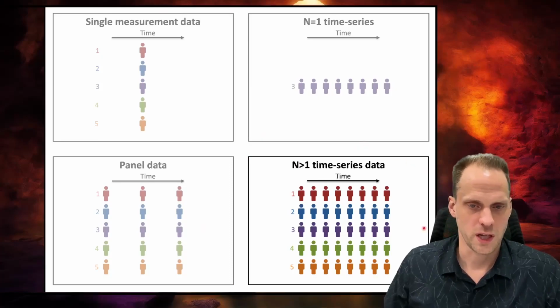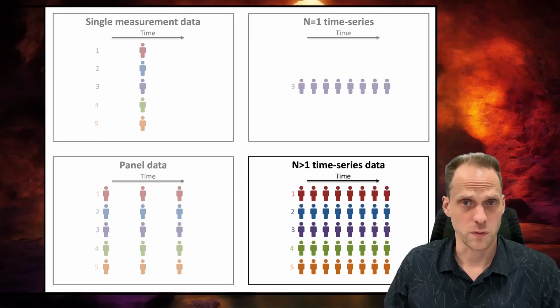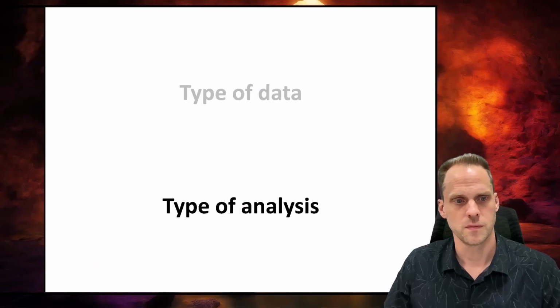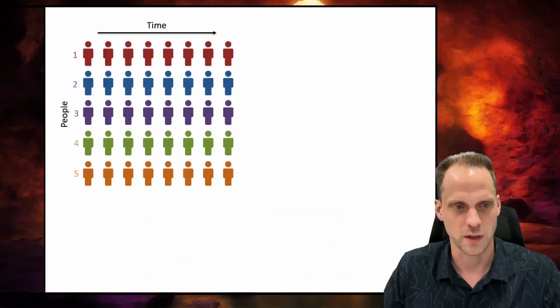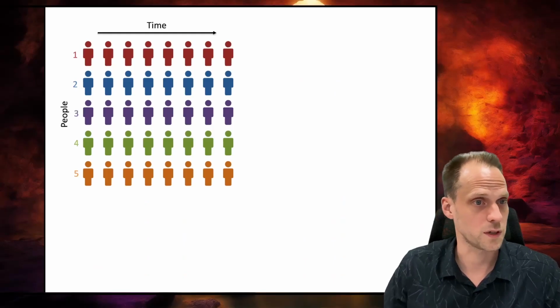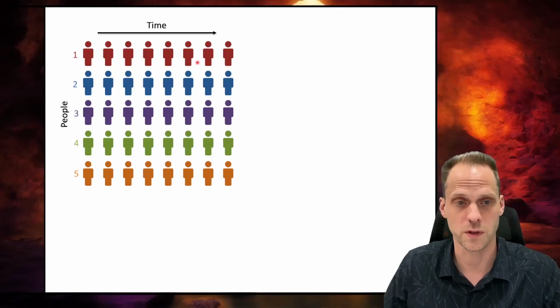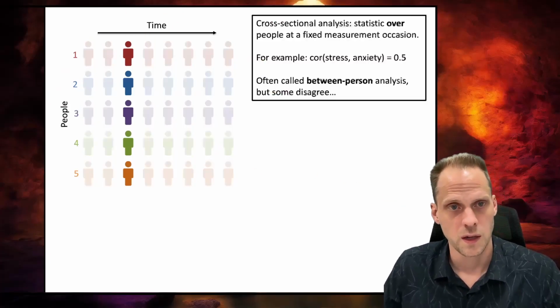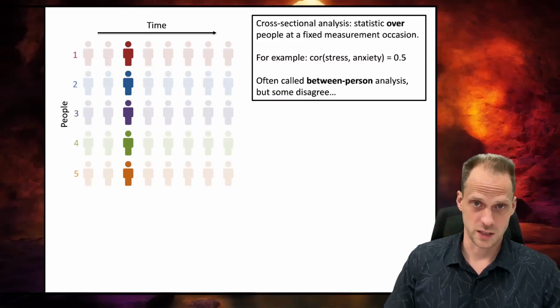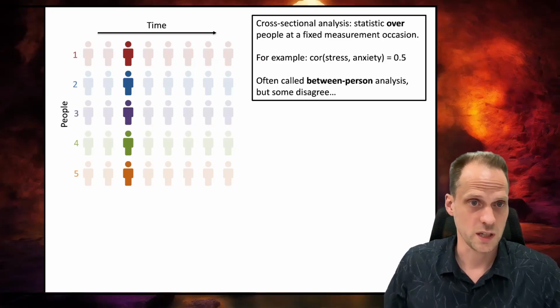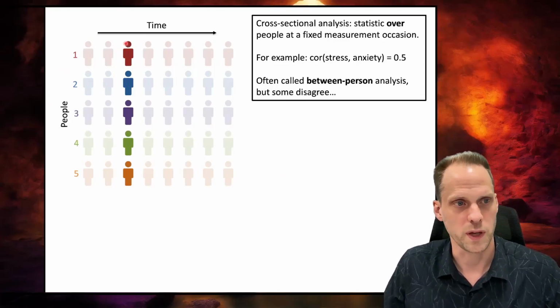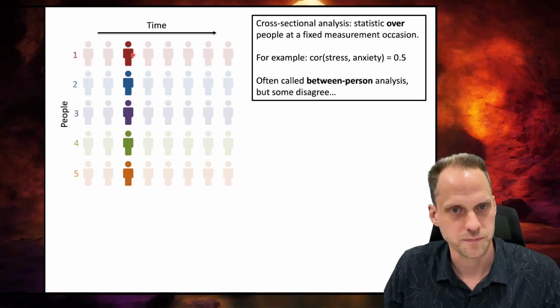So depending on what data we have, we can do different types of analysis as well. So I'll talk about that now. So here we have again our time by people overview of the world. Then a cross-sectional analysis is a statistic that we compute over people at a fixed measurement occasion.